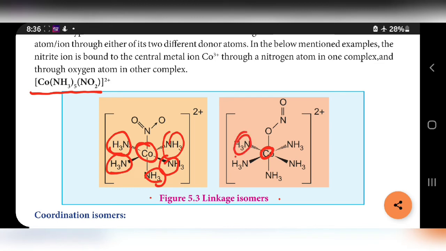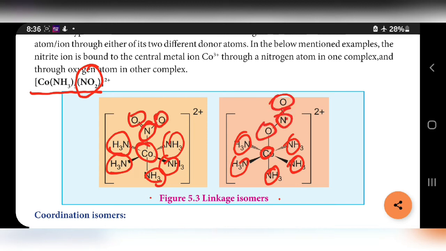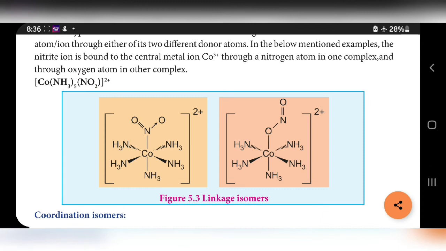In both complexes there is one NO2 group, that is 1 nitrogen and 2 oxygen. So both complexes have the same molecular formula but a different arrangement, different connections.